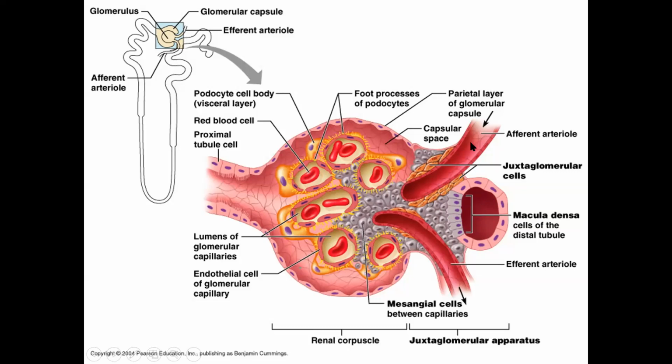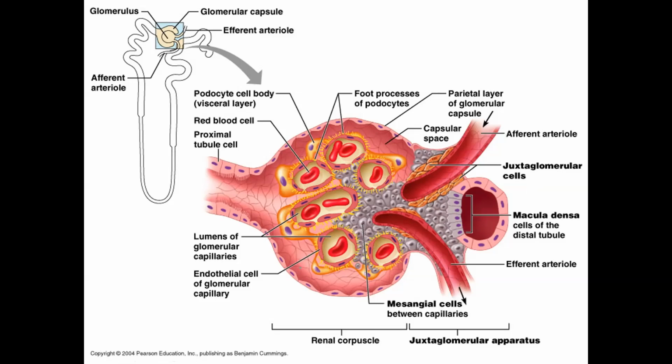So along this afferent arteriole, there are cells around it. They're called juxtaglomerular cells. In your book, they're also called granular cells. Same thing, okay? These granular cells can release renin. Do you remember renin?